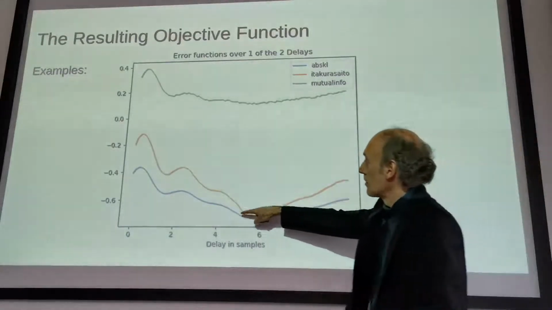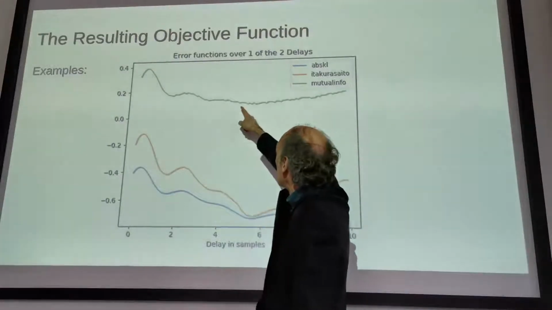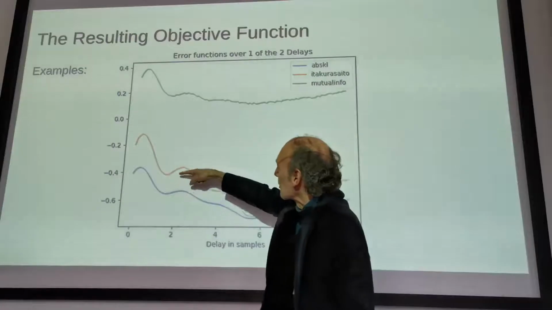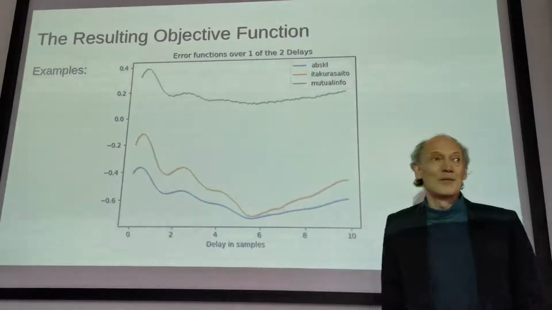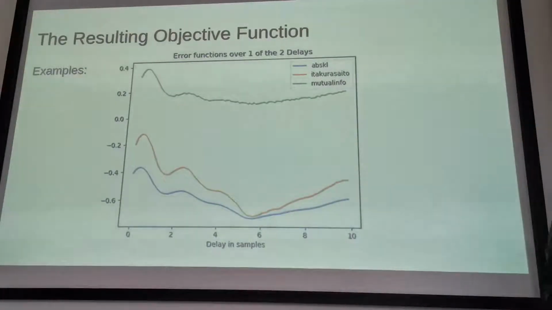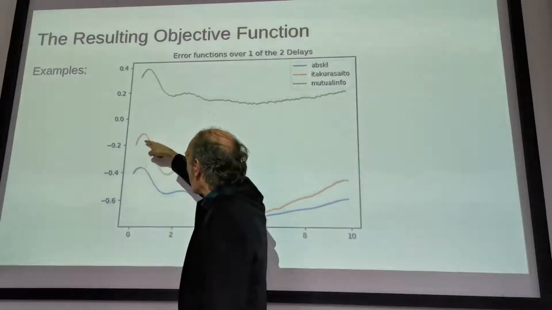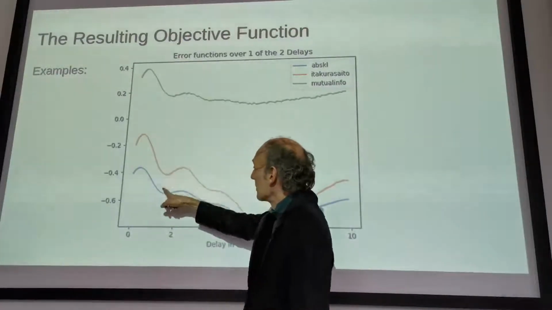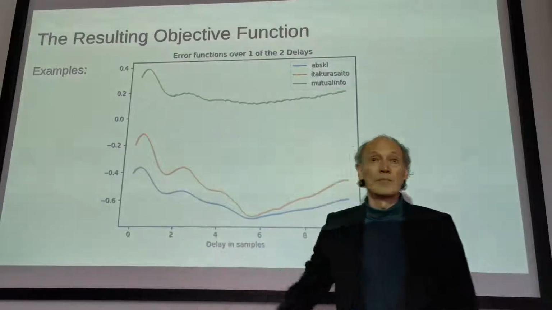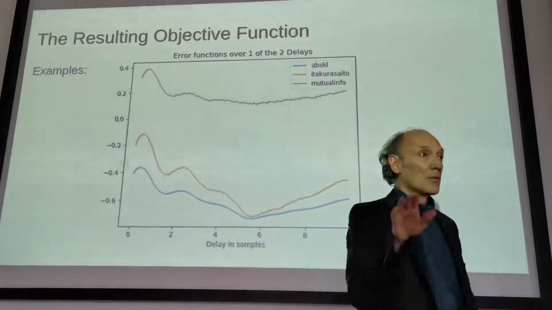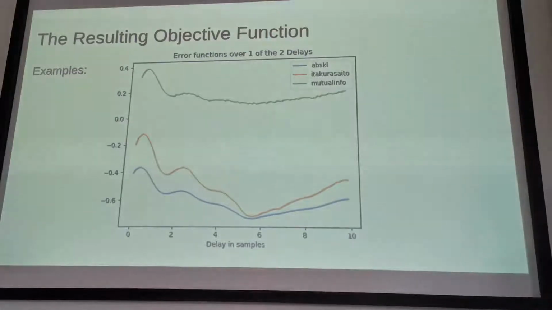So we can see they all have local minima. Here you have tiny local minima. Here you have bigger local minima. And this is difficult for optimizations. When you use gradient descent, for instance, and you start, say, close to 0 with a delay, then it will be stuck in the first minimum. Because here you have derivative, the gradient is horizontally, derivative 0.